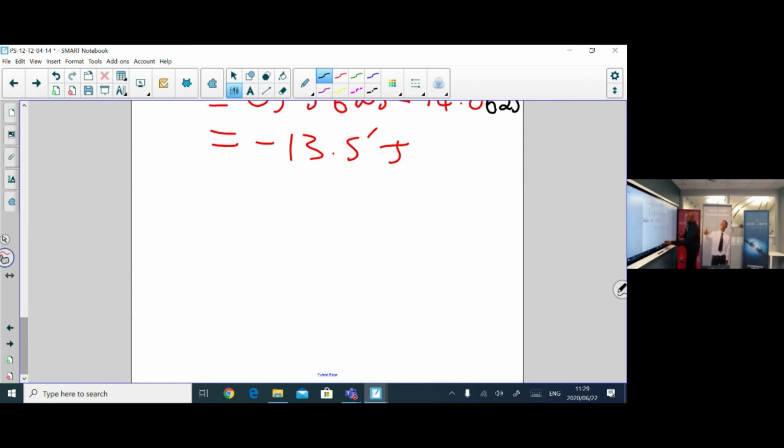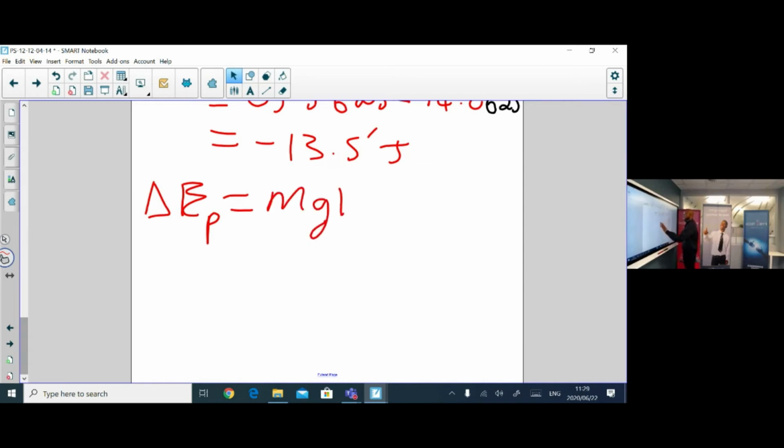Let me extend the page and calculate the change in potential energy. The change in potential energy is equal to m g h final minus m g h initial. I'm just substituting the values.